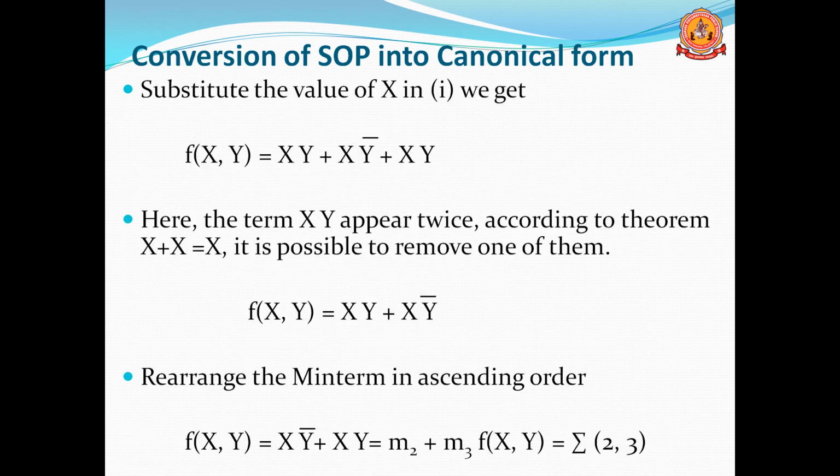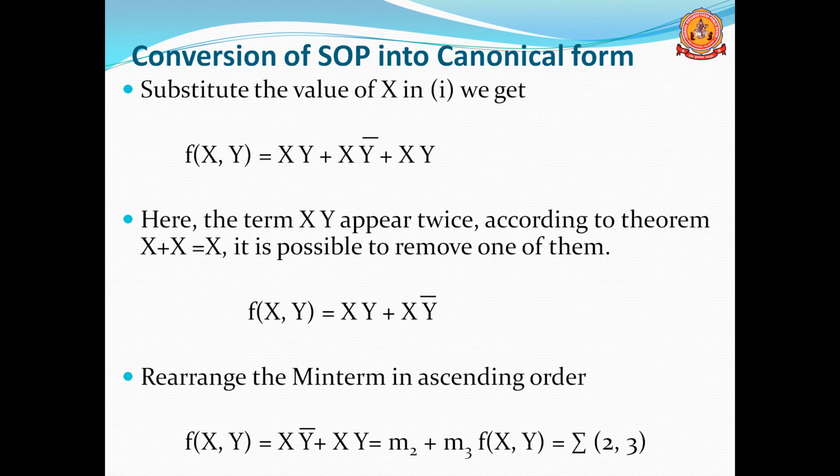So we have to substitute that in the first expression. In the first expression it is given that f of x, y equals x plus xy. In the place of x we substitute xy plus xy dash, and then the remaining term is xy. If you substitute the values, it should contain three terms: xy plus xy dash plus xy.